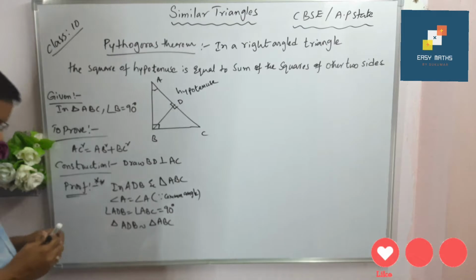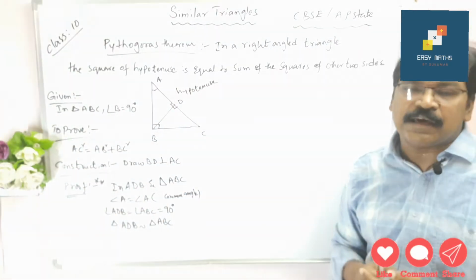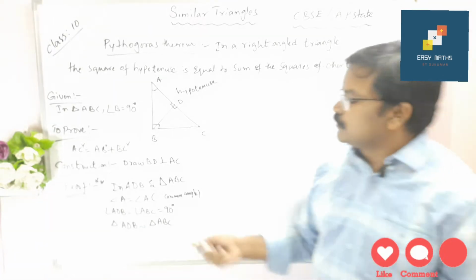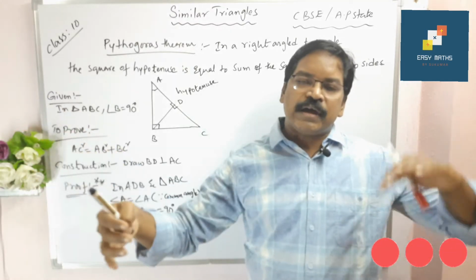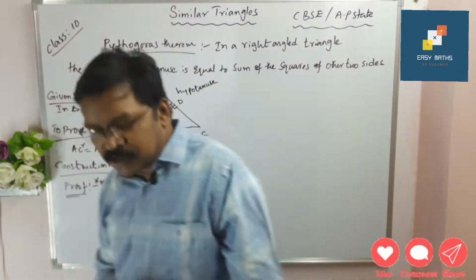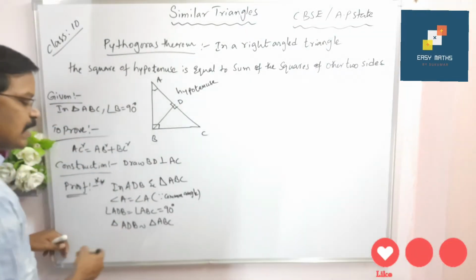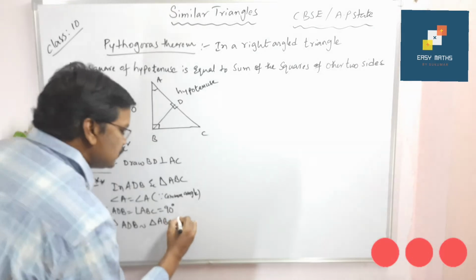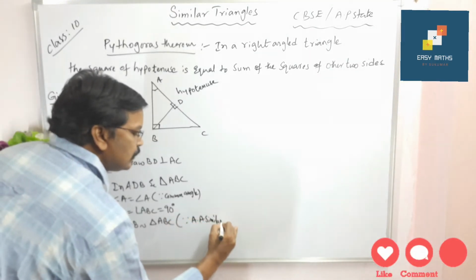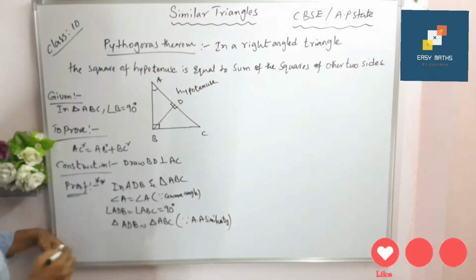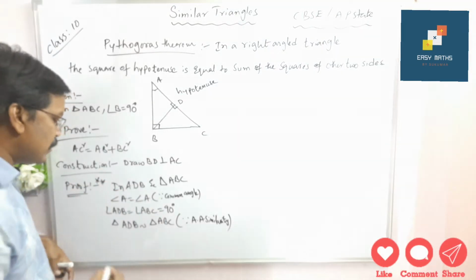Why are they similar, my dear students? We have learned the AAA similarity criterion of triangles. If two angles of the first triangle are equal to two angles of the second triangle, then the two triangles are similar to each other. Therefore, triangle ADB and triangle ABC are similar, since AAA similarity. Whenever two triangles are similar, the corresponding sides are proportional.